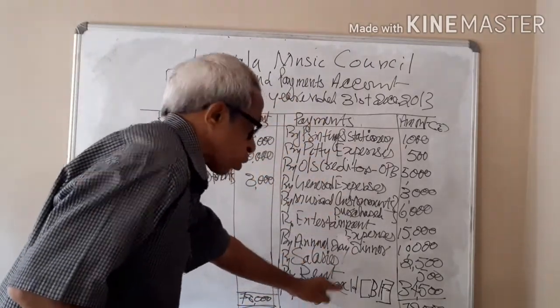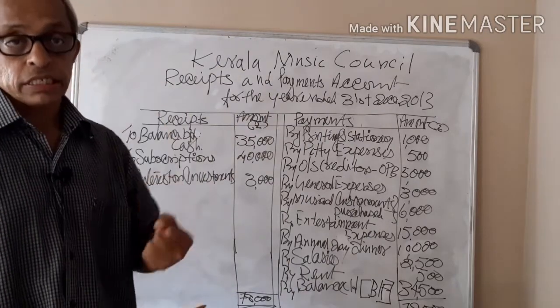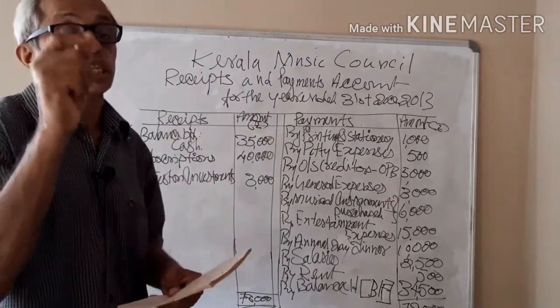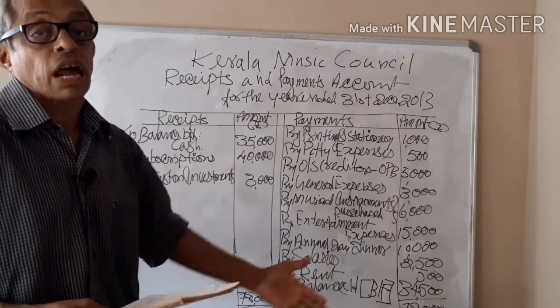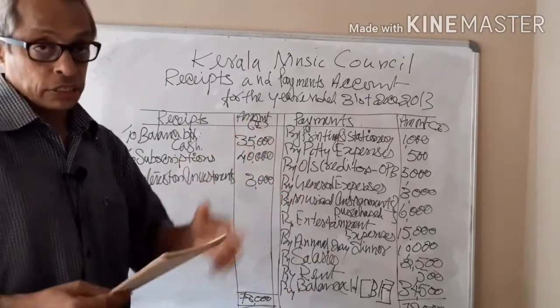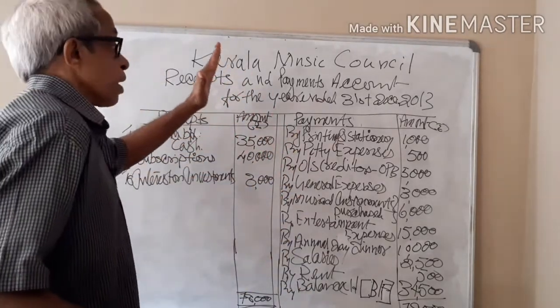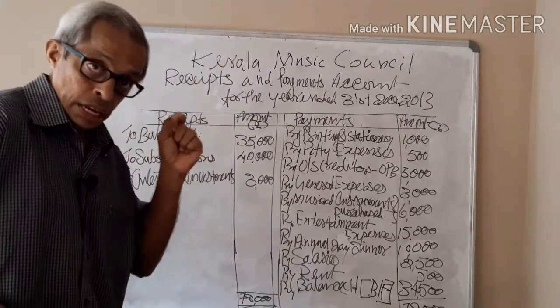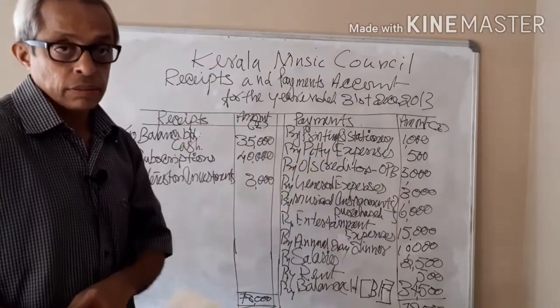Only when we get the closing balance of the receipts and payments account, that is the cash balance, can we write the balance sheet. Therefore, the main purpose of preparing a receipts and payments account is to find out the closing balance.